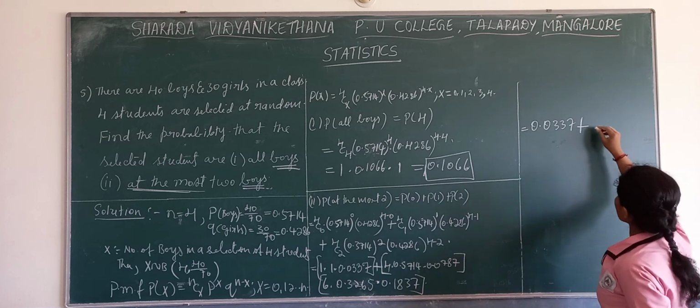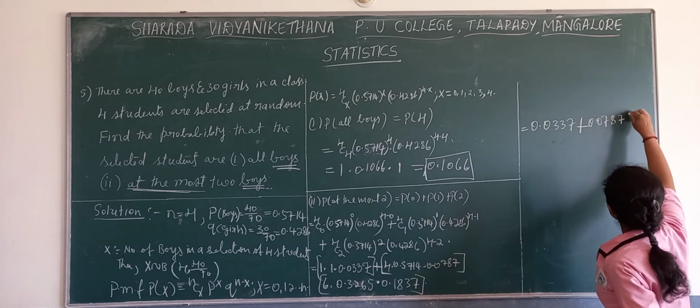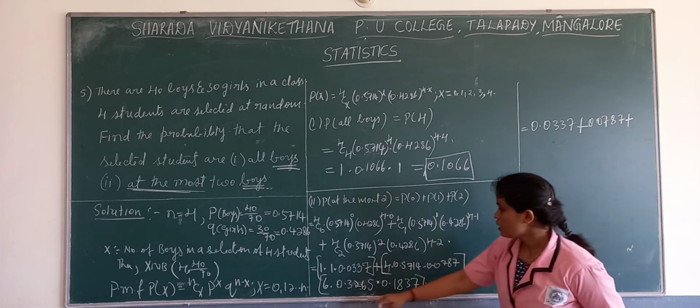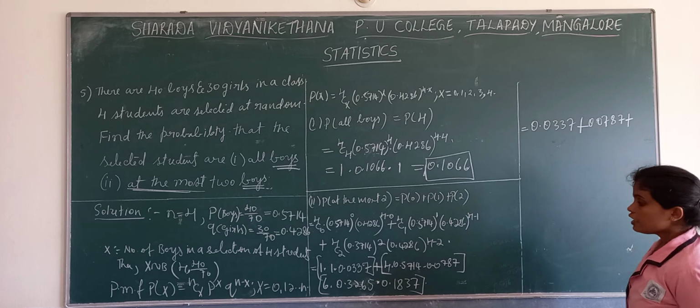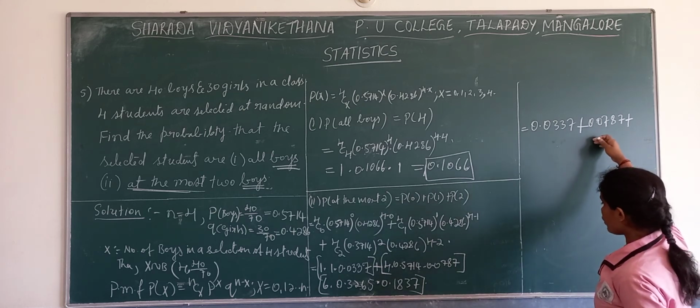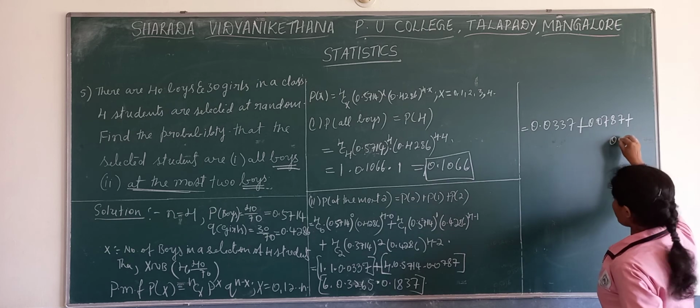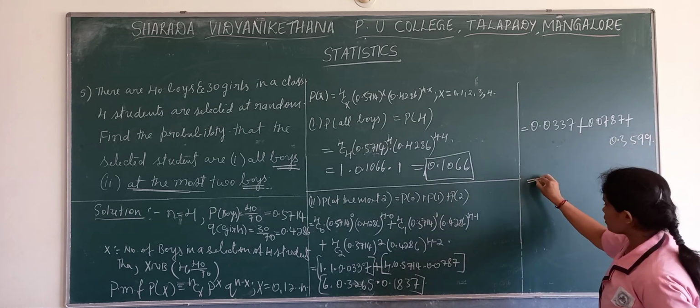So here now 4 into 0.5714 into 0.0787, plus 6 into 0.3265 into 0.1837, then we get 0.3599. Now add these values.